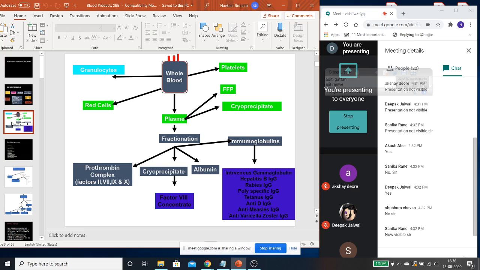Then cryoprecipitate are the precipitates from the plasma. Cryo is very cool; after cooling, it is frozen. Then platelets are there, granulocytes are there. Then this plasma is further fractionated. So here cryoprecipitate is there, that can be given.